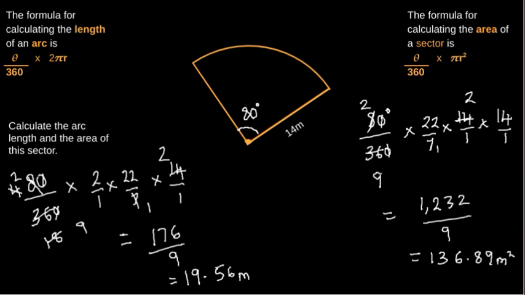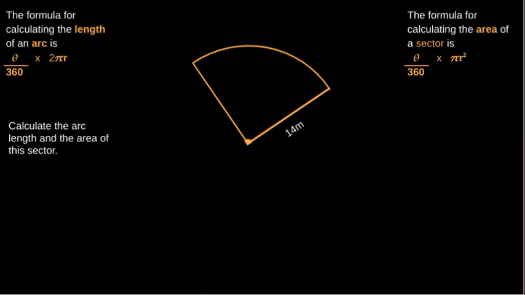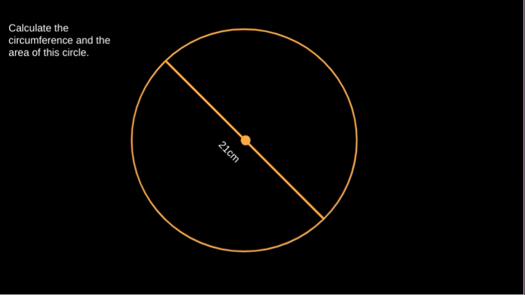All right. Let me leave you with one more practice to do. And we'll start from this. We'll start with the answer to this question in the next video. So let's see if we can calculate the circumference and the area of the circle.